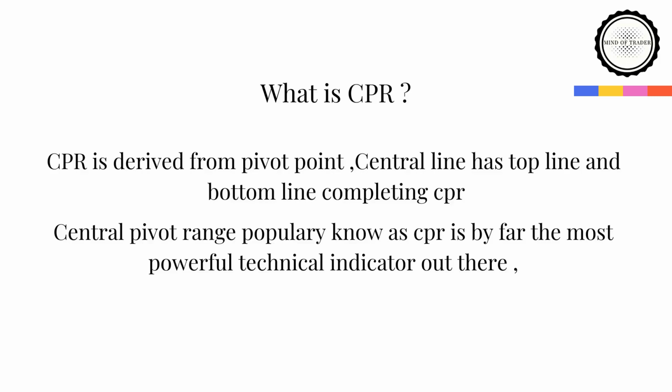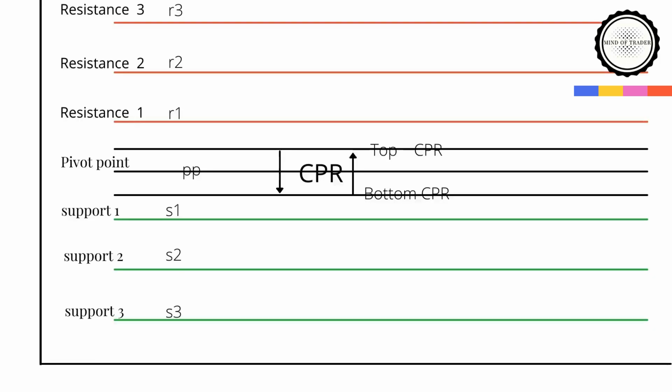So let's go with a simple definition of CPR. CPR is derived from the pivot point. The central line has a top line and a bottom line completing the CPR. Central pivot range, popularly known as CPR, is by far the most powerful technical indicator out there. Let's go to the drawing of CPR, the graph of CPR.